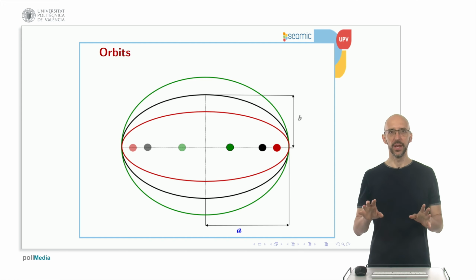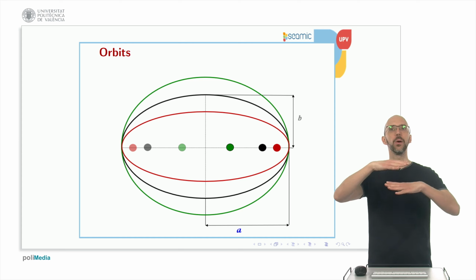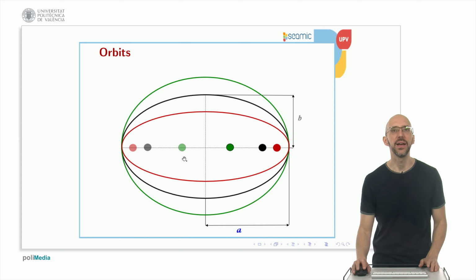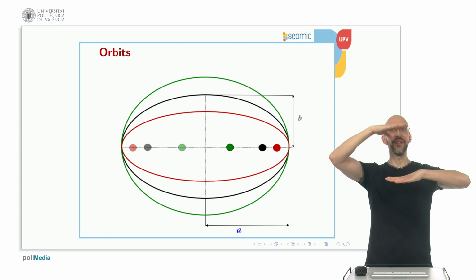Oh, by the way, the ellipse has something called the eccentricity that changes the shape of the ellipse. If this is the main focus of the ellipse and this is the secondary, if we move them apart, the ellipse is flatter.